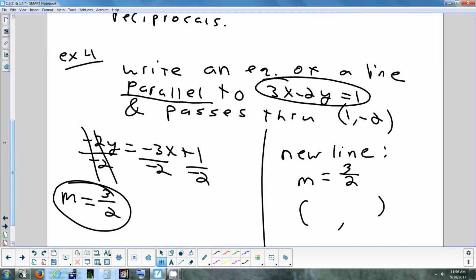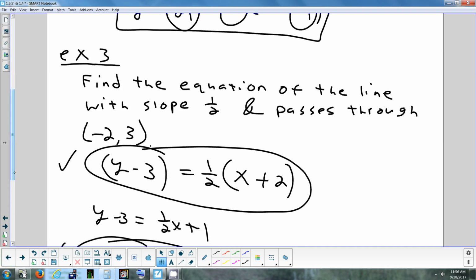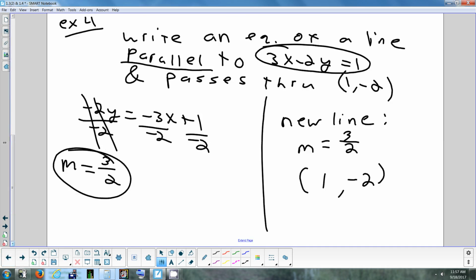It has to pass through 1, -2. So now you've got a slope, you've got a point. It's exactly like what we just did in this problem. Here's a slope, here's a point, find the equation of the line. Okay, so from there, I'm not going to do this. We just did something like that in the last one.